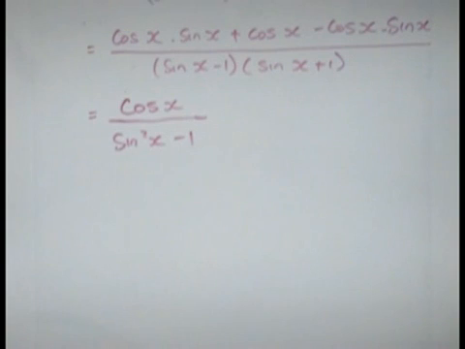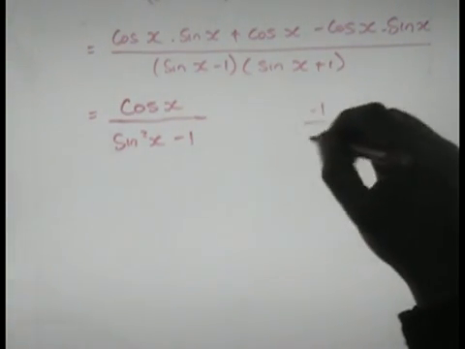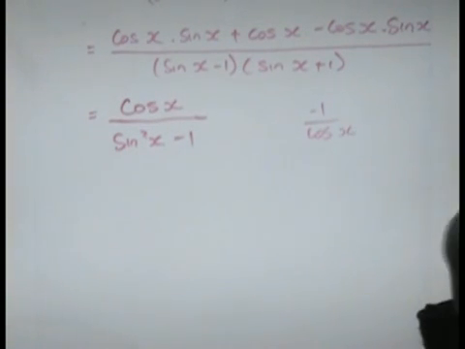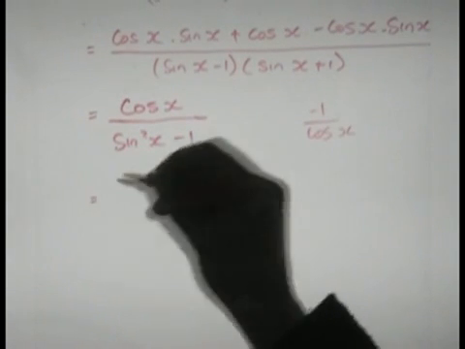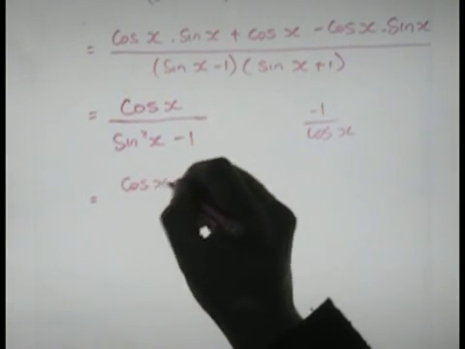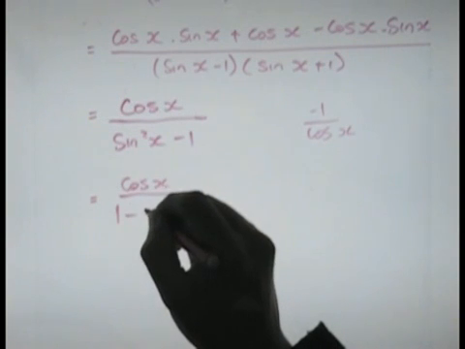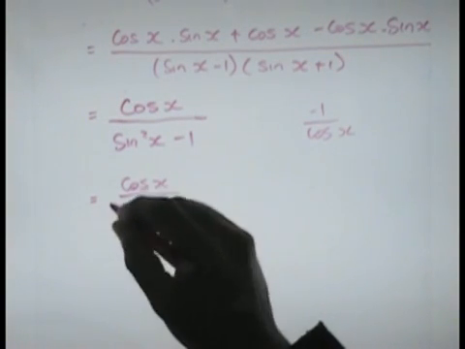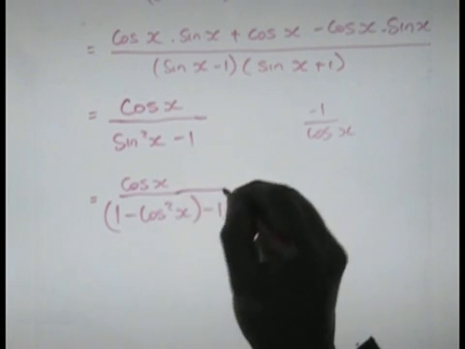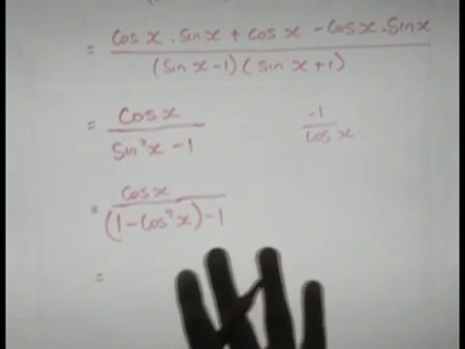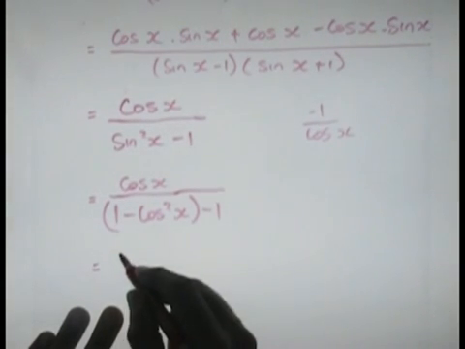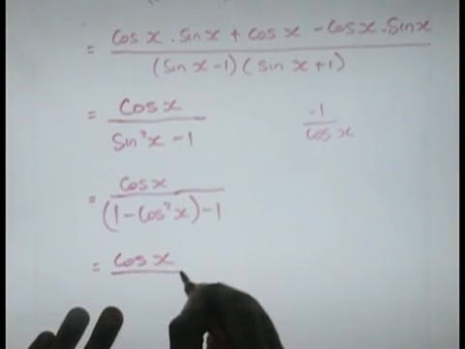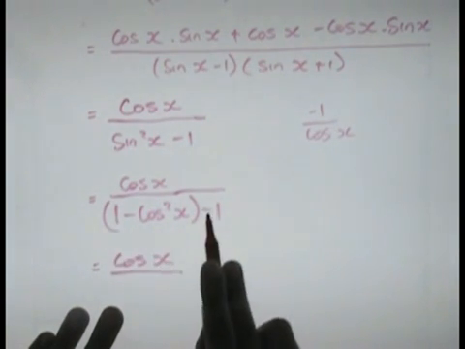Now let's take a look back at what we're trying to get to. We're trying to get to negative 1 over cos x. So I'm going to convert the sine squared x into 1 minus cos squared x, minus 1. That's going to equal cos x over 1 minus 1.